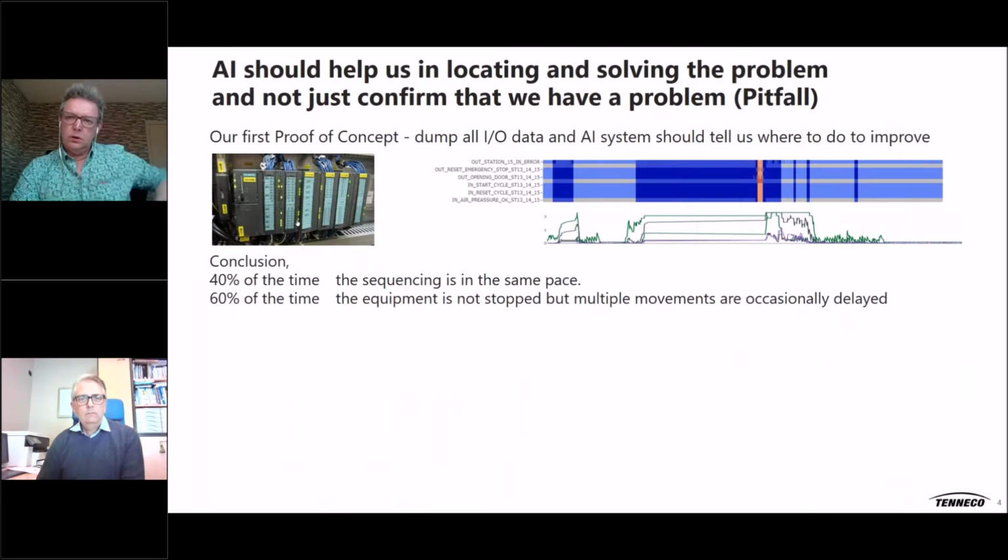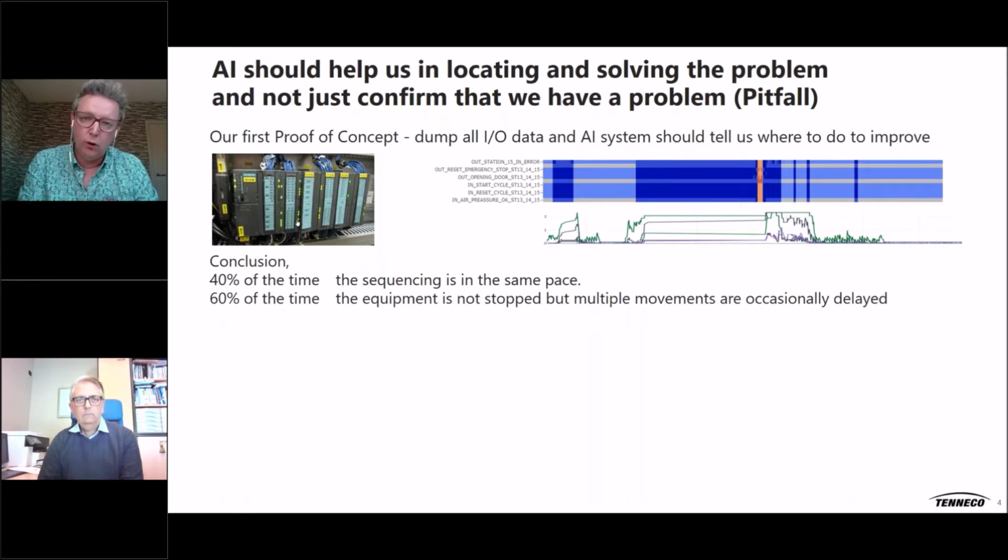So what we did quite some time ago is we set up a proof of concept. We took the PLCs of our machines, and we dumped all I/O data, following what Yazzoom proposed, to make models on that and to evaluate if there are some sequencing deviations happening.